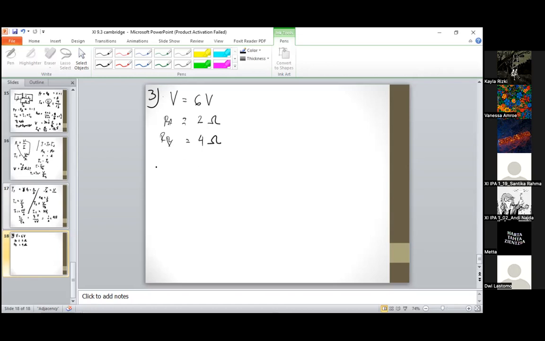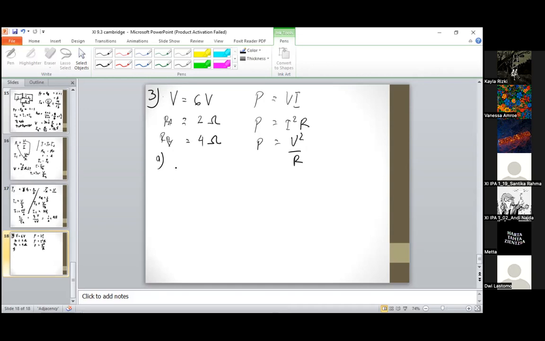Okay, we discuss about A first. We know the equation that P equal to VI, P equal to I squared R, and so we have to know about the comparison first.